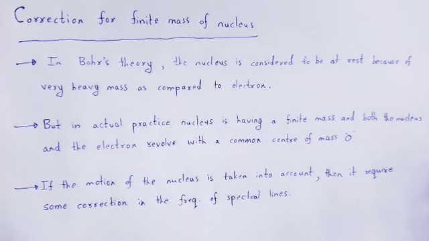but in actual practice there will be a finite mass of such nucleus. How we find out that finite mass of the nucleus, and then accordingly the expressions for energy level diagrams, or we can say the spectral lines, also change.